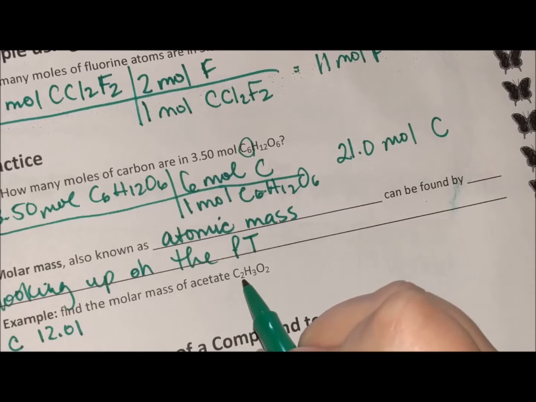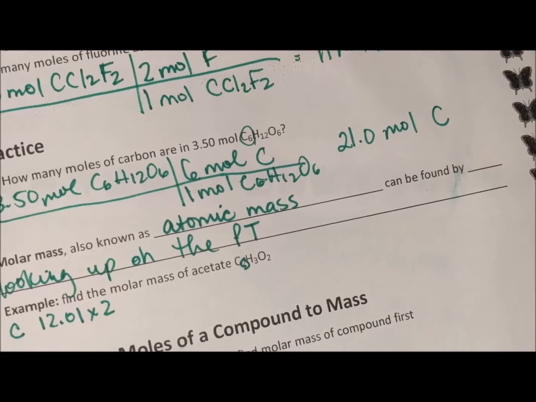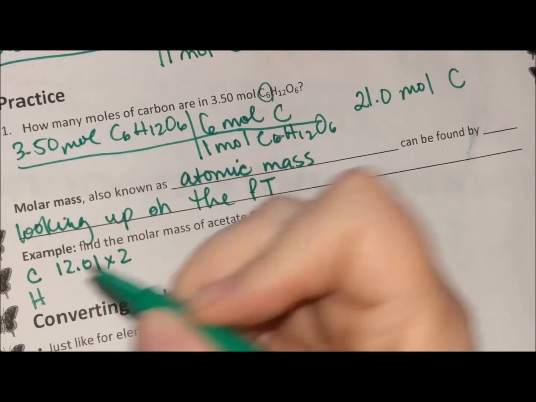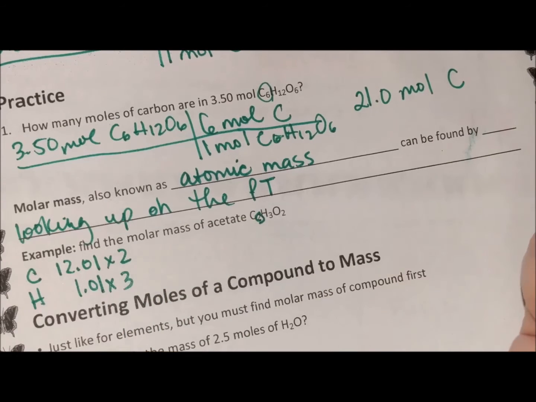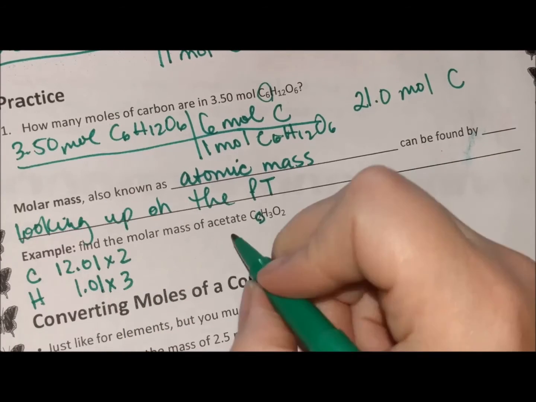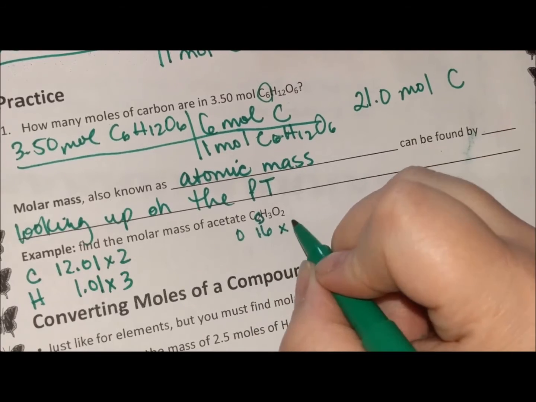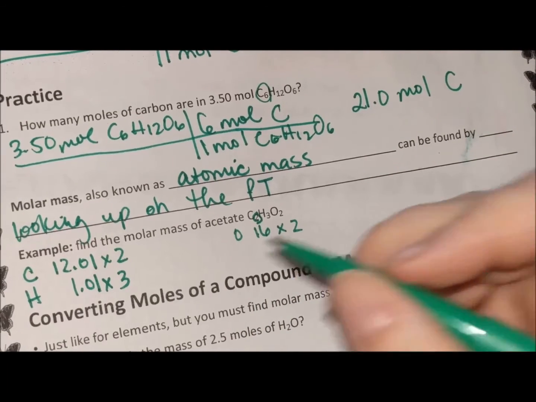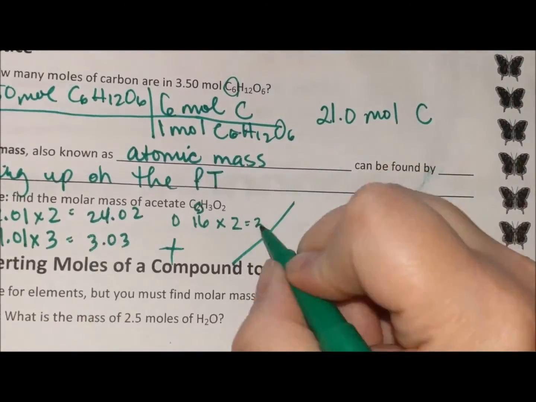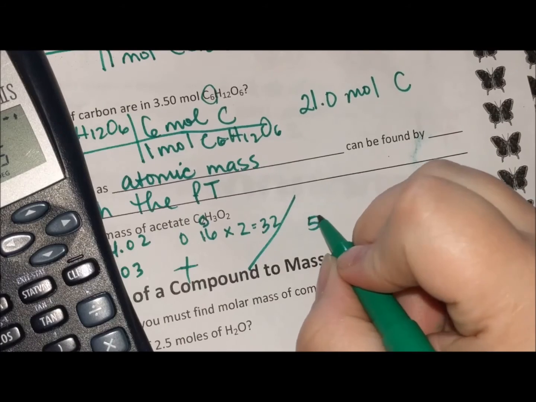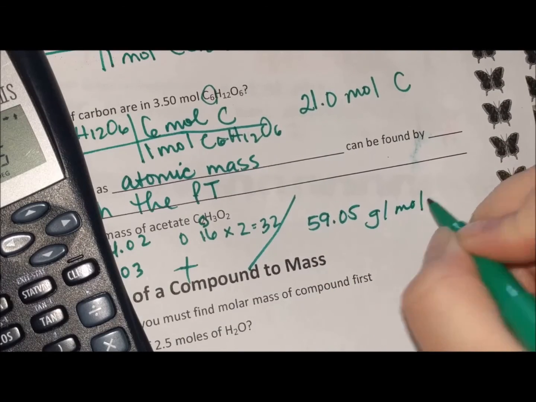And I need to multiply by 2 because there's 2 carbon atoms in that compound. For hydrogen, it's 1.01, and I need to multiply by 3 because there's 3 in that compound. And for oxygen, the mass is 16, and I need to multiply by 2. So I'm going to do that, and then I'm going to add them all up. So the mass of acetate is 59.05 grams per mole.